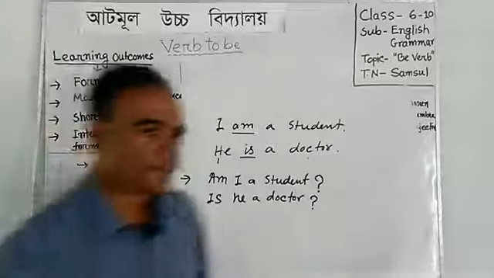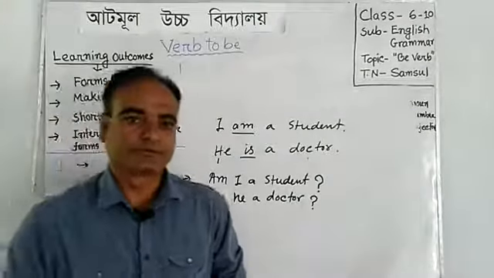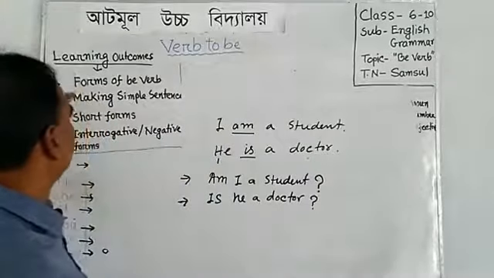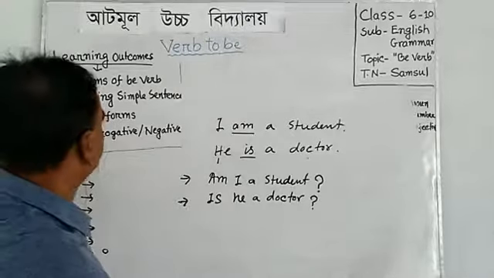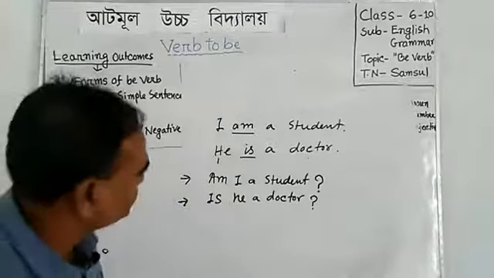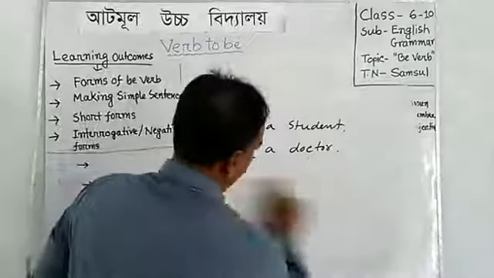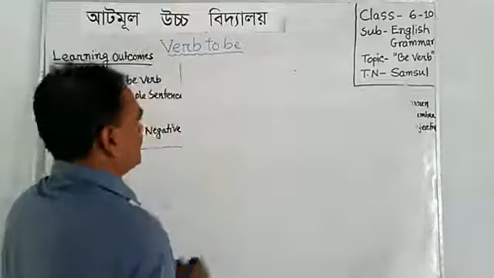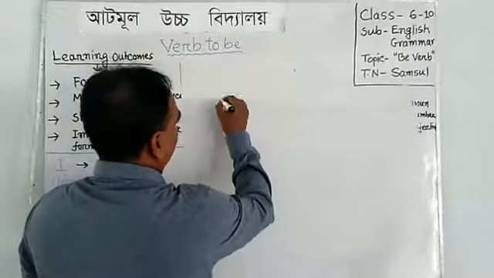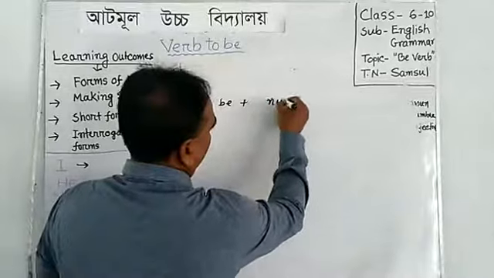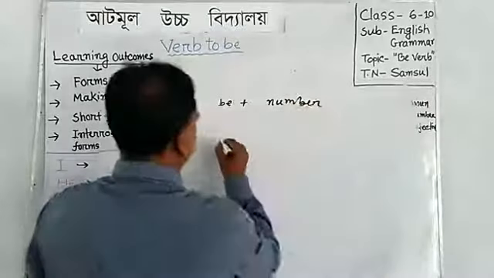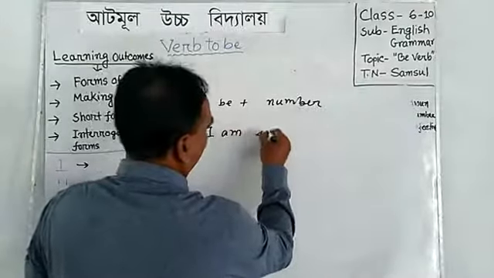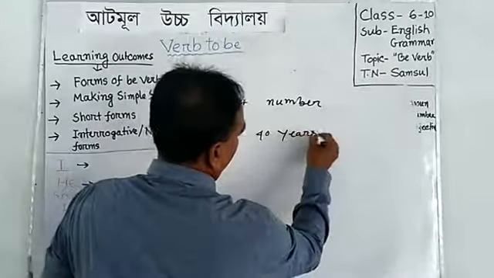So dear learners, I think you have learned all the forms of to be verbs, and now we are going to make some simple sentences with be verb. At first we will make some sentences with be plus number. I am 40 years old.